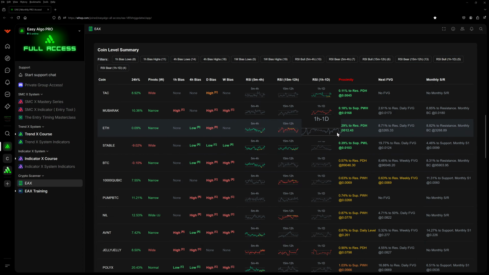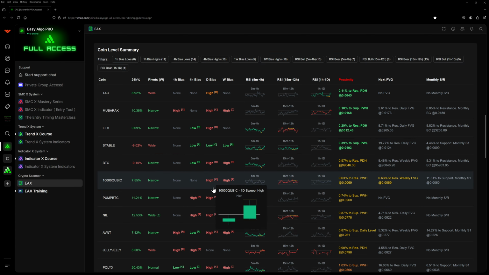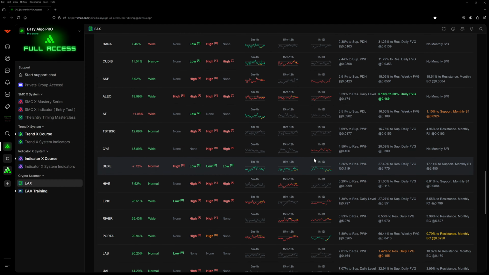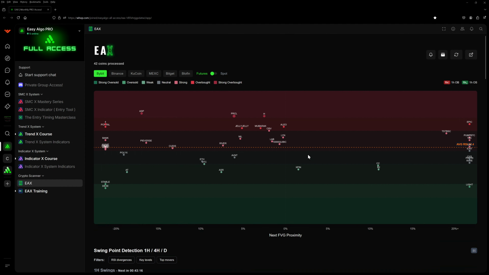You want to find stuff that's at a key level, stuff that is really overbought or oversold, getting ready for a reversal or showing signs of a continuation. So check your EAX, and when you trade, be careful because of Bitcoin being at this zone.